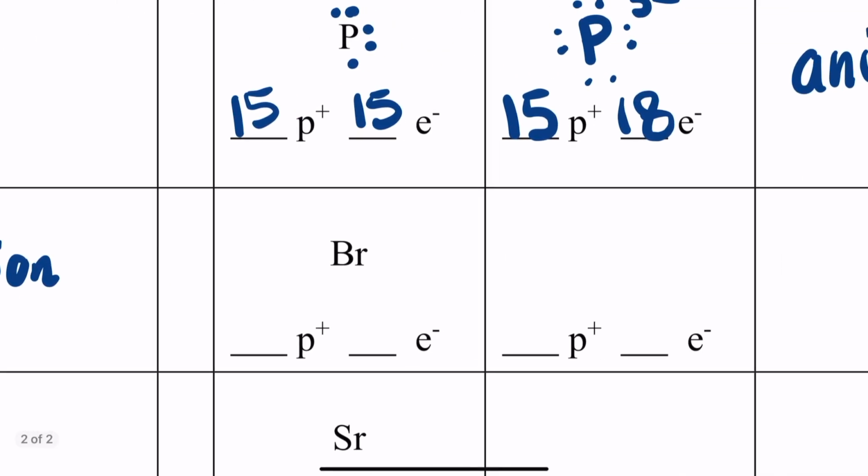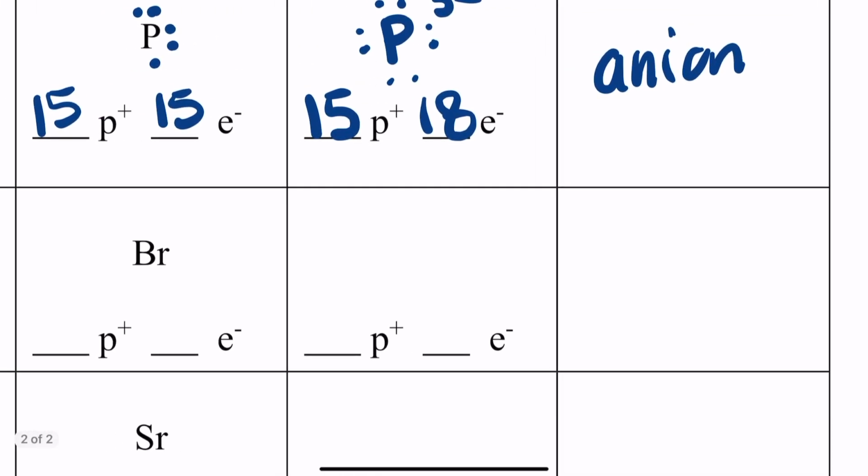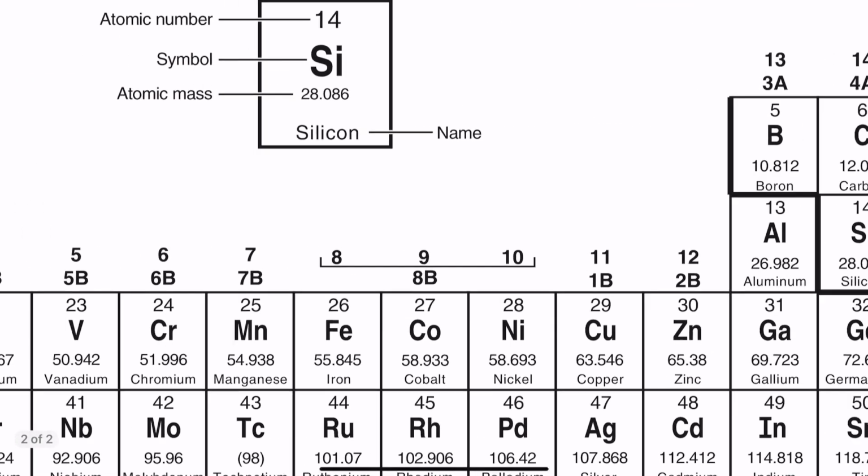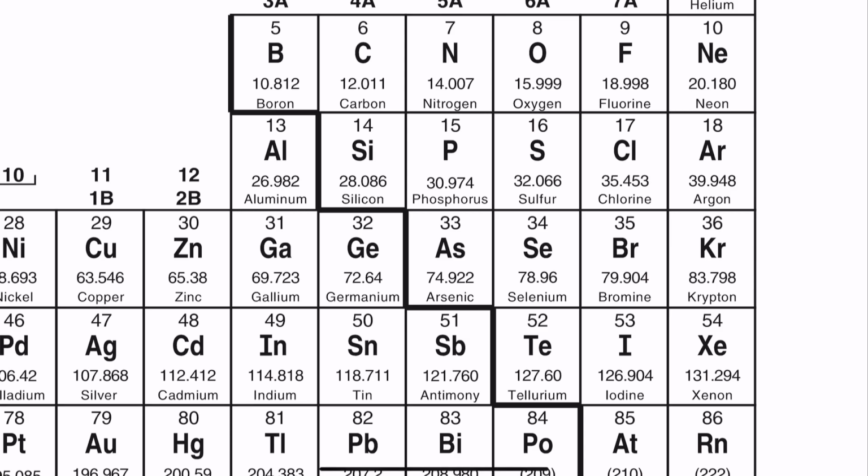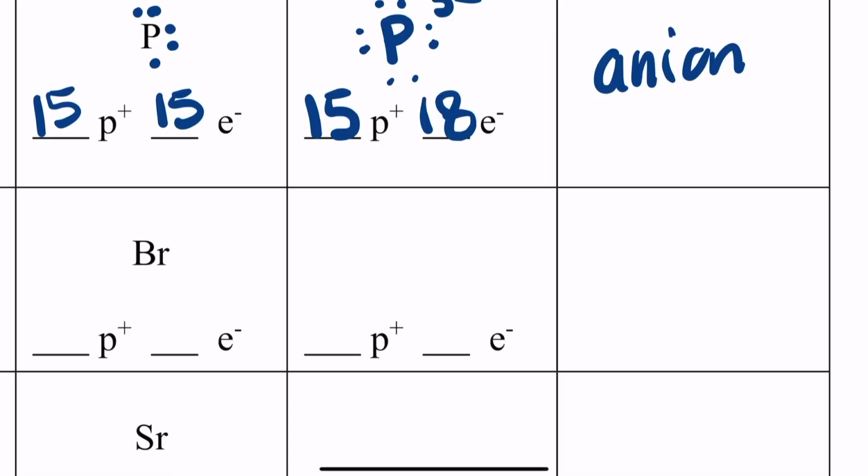Over here on the right, we have bromine. Bromine is number 35 on the periodic table. We see it over here in the nonmetal section. It's also in group 7A, so it probably has 7 valence electrons. So we're going to do 7 dots around bromine. And then we're going to say it has 35 protons and 35 electrons since its atomic number is 35.